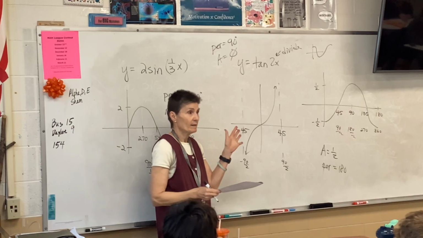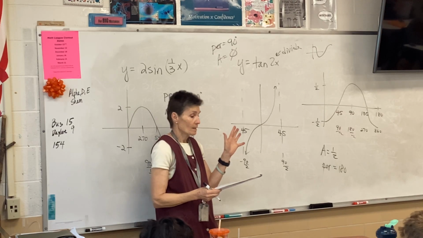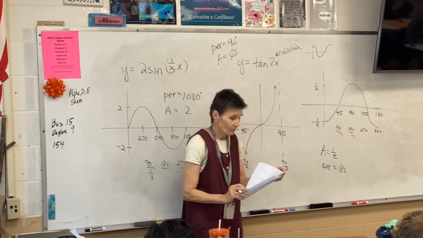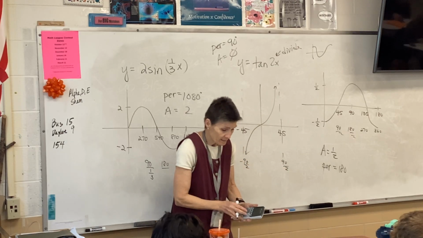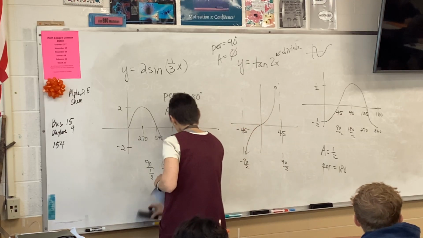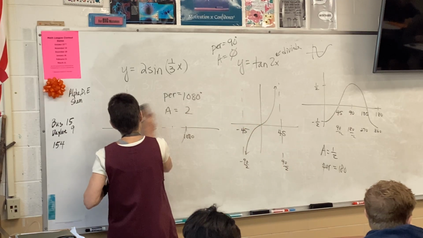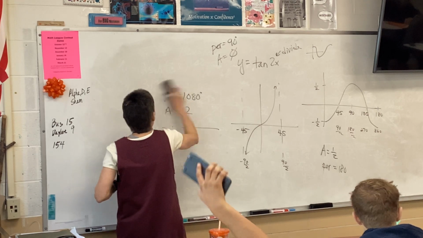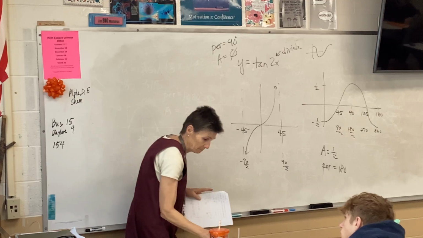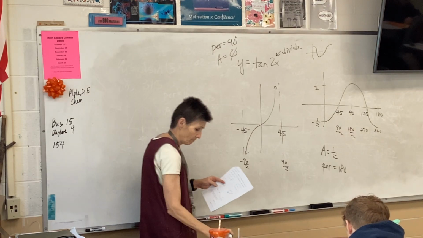Got it? Are we okay? We good with that? All right, let's get our big calculators out then, and let's convert to degrees, minutes, and seconds. Make sure that you write down what the calculator says. Don't make stuff up.